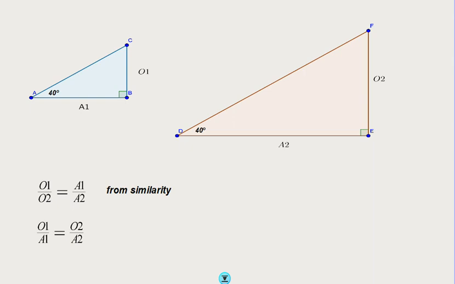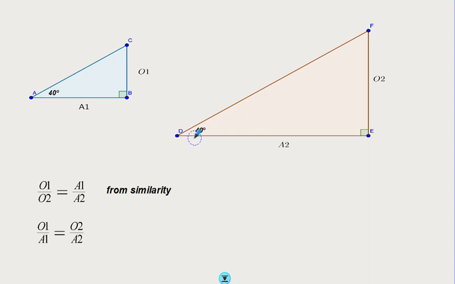Before we review the basic principles, let's consider the idea of the trigonometric ratios and the concept. If we have a right-angled triangle ABC, with a right angle at B and an angle of 40 degrees at A, and we scale it up to get the triangle DEF.